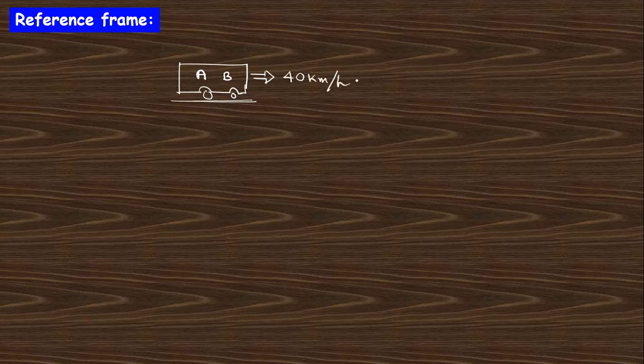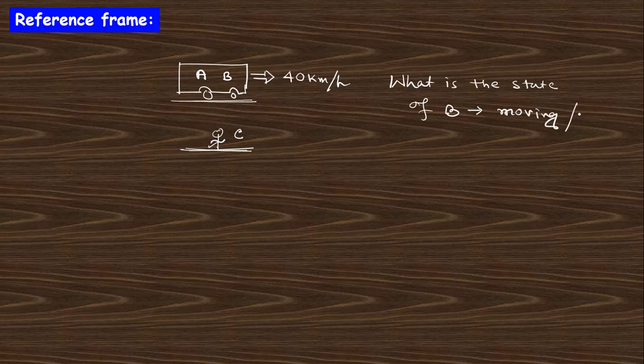Simple. Now there is another person, C, standing on the side of this road. Now, if we want to ask what is the state of B, rest or motion?